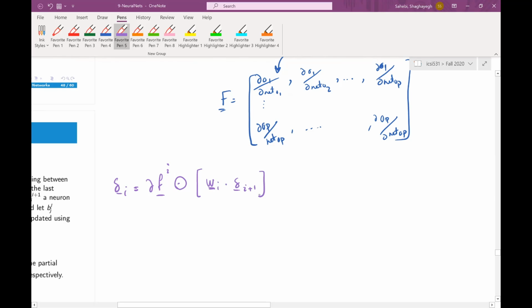Remember that we have that in the one layer MLP also. The delta for the hidden layer was the derivative of the activation function element-wise product with Wi dot the delta of the output layer.